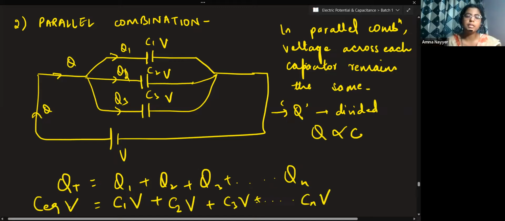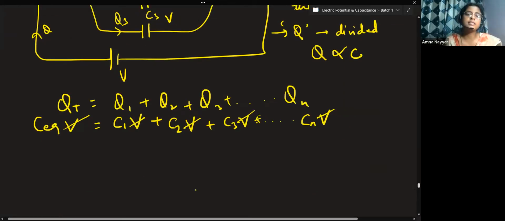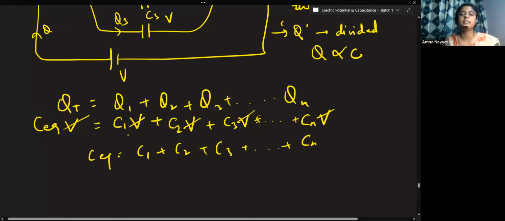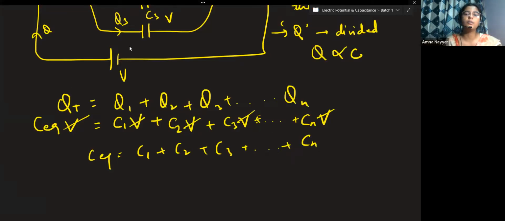Potential will be the same, so V, all the potential gets cancelled. What's the formula that we get? The formula here we get is C equivalent is equal to C1 plus C2 plus C3 up till Cn. This is the formula that you get in parallel combination.